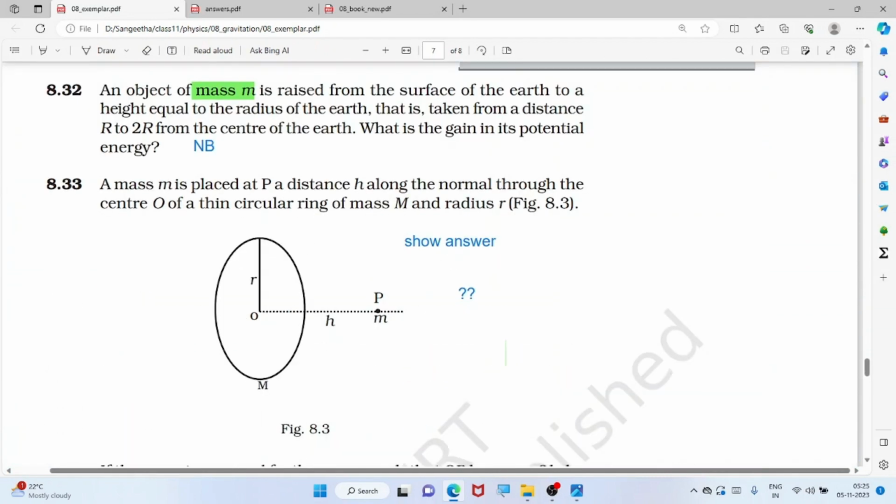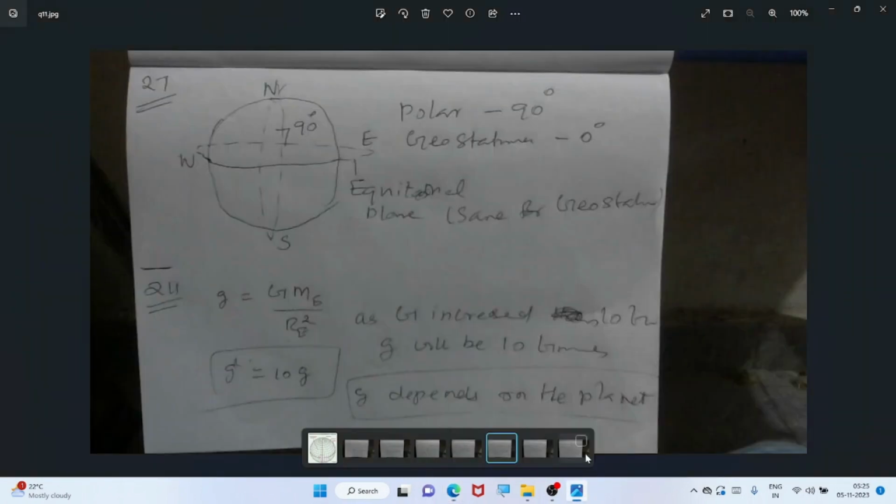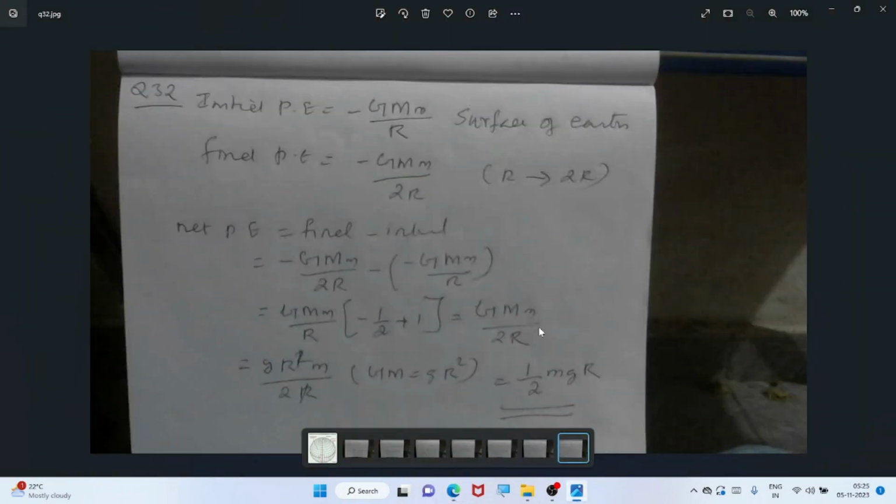An object with mass m is raised from the surface of the earth to a height of the radius. It is taken from r to 2r. The surface of the earth is at a distance r from the center of the earth. What is the gain in the potential energy? So the initial potential energy, because it is on the surface of the earth, is at distance r from the center of the earth.